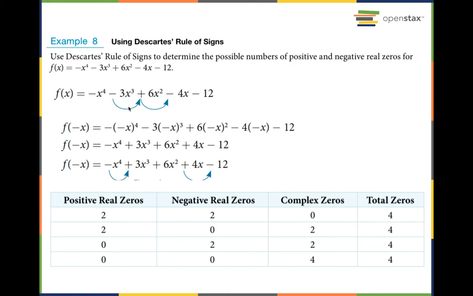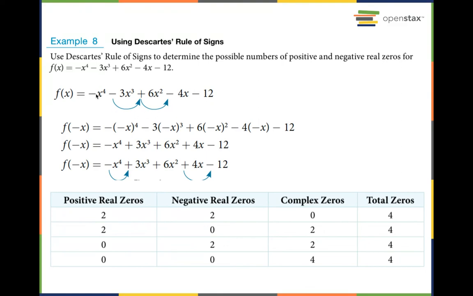Negative to positive is a sign change, so there's this little arrow. Positive to negative is a sign change, so here we've got this little arrow. Negative to negative, not a sign change. So you're literally just looking at the terms and seeing if the sign is changing from term to term. This has 2 sign changes.